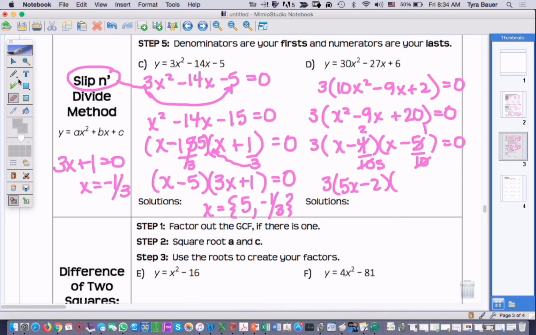Oh, wait, I'm dividing by 5. This should be a 2. Right? 5 divided by 5 is 1. 10 divided by 5 is 2. So I should have 2x minus 1. And what are my two solutions? 2 over 5 and 1 over 2.